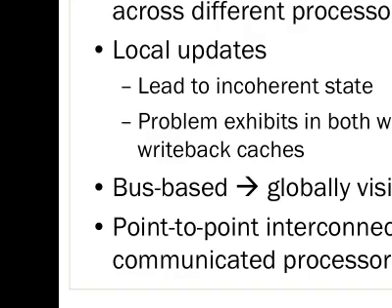You can access any single byte, but when you update, you update the whole cache line. Local updates may lead to an incoherent state, which we'll see in the example in the next slide.